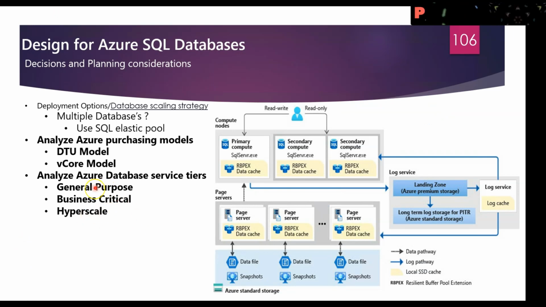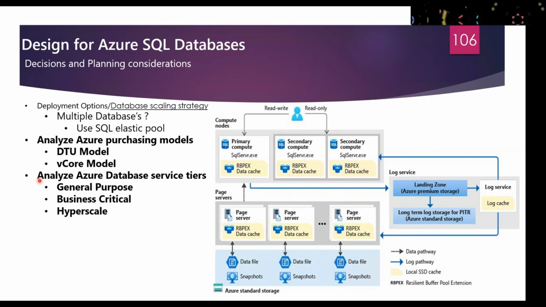Let's have a look at Hyperscale. Hyperscale provides very fast database restores and rapid scale out and scale up options. Hyperscale databases grow as you need, and you are billed only for the capacity that you utilize.